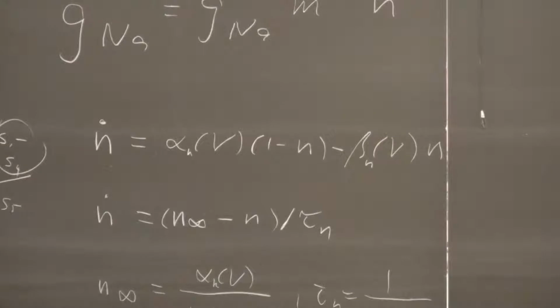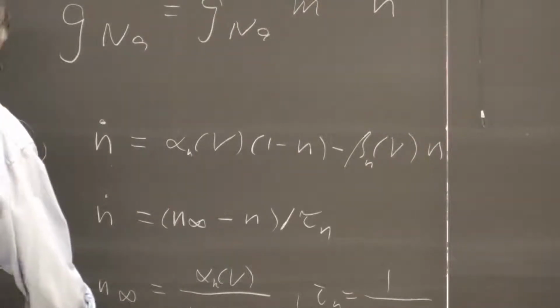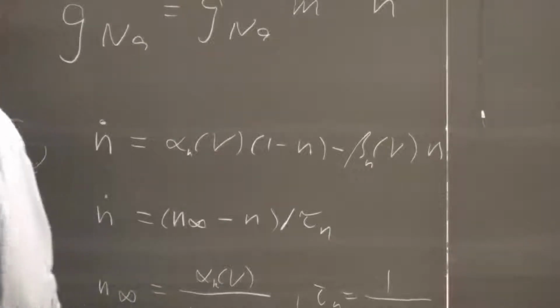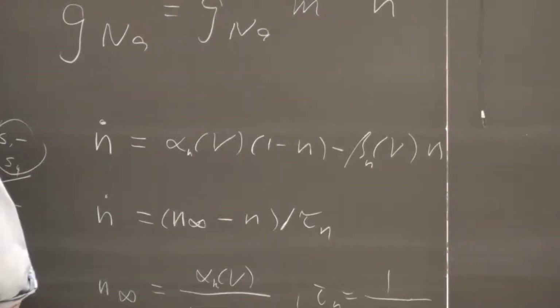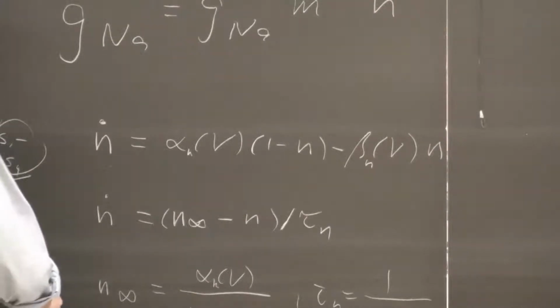And if you now look at the solution, then the solution goes as follows: that you have here the initial value n0, and here you have n infinity. And when you start from n0, you're going exponentially towards n infinity. This is time. With the decay time, this goes like e to the minus t over tau n.